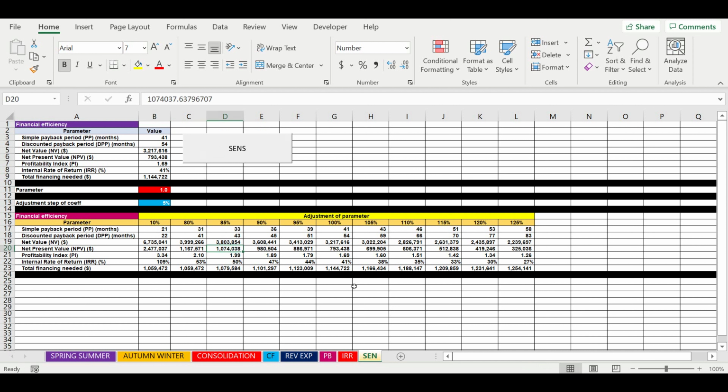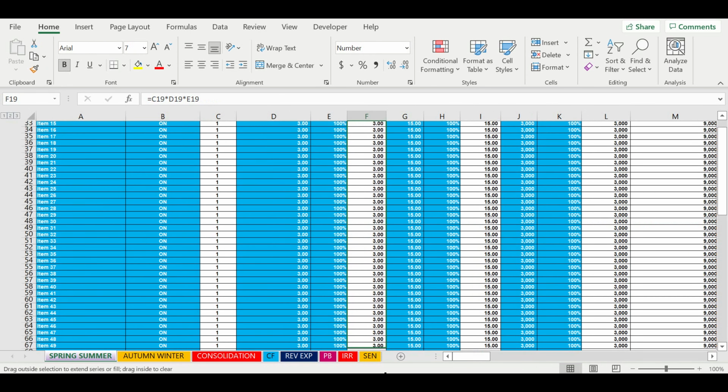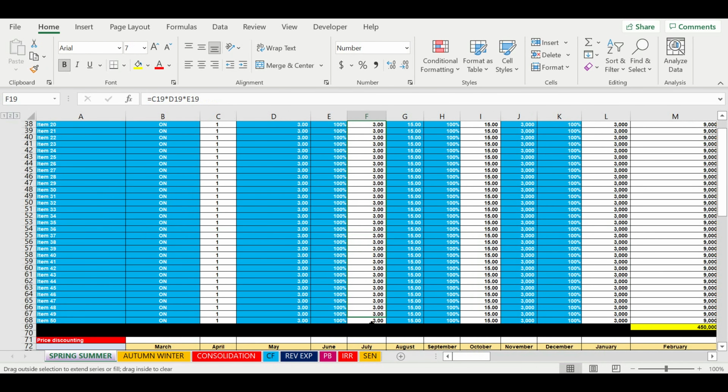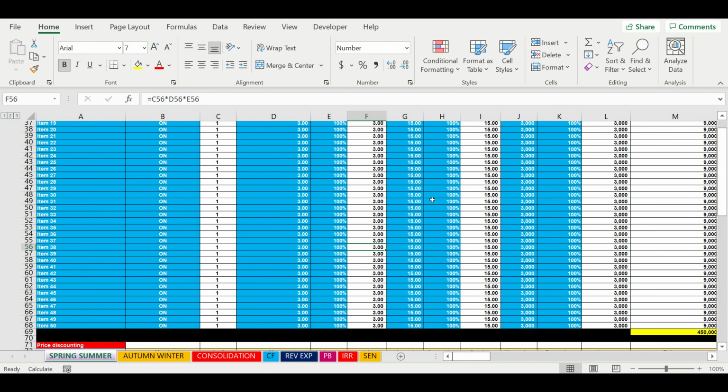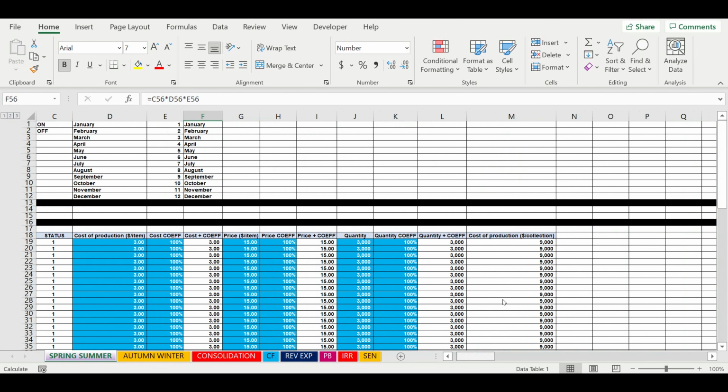Also, we can, for example, disconnect this parameter from cost of production. And we can link this parameter to, for example, the quantity of items that we are going to produce.